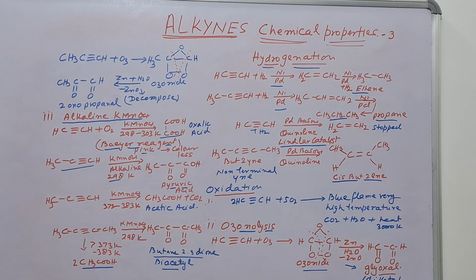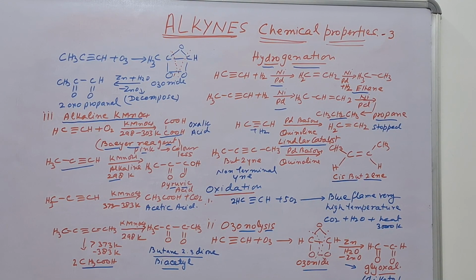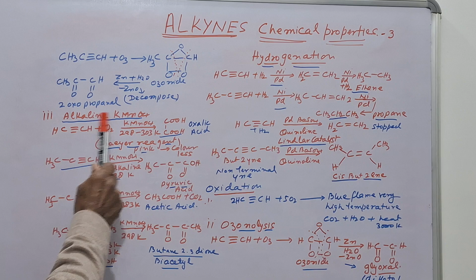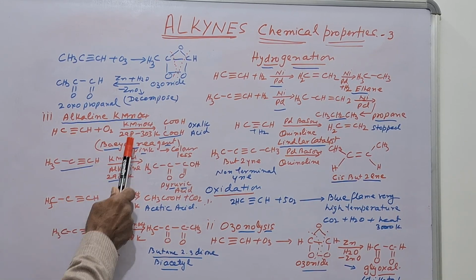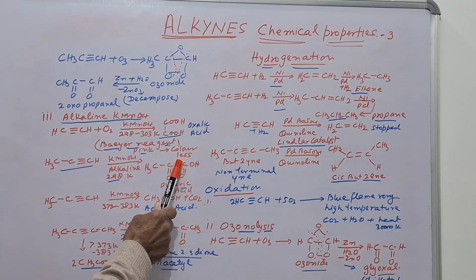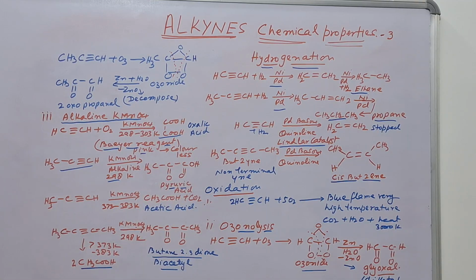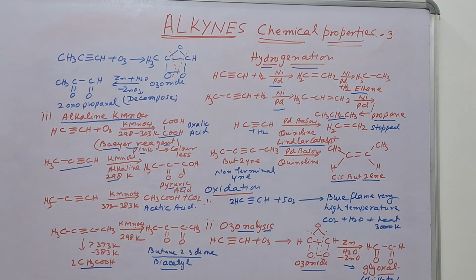It is a test for alkynes. That is, alkaline potassium permanganate oxidizes ethyne, which is pink in color, to a colorless compound, that is oxalic acid. This reaction takes place at low temperature.